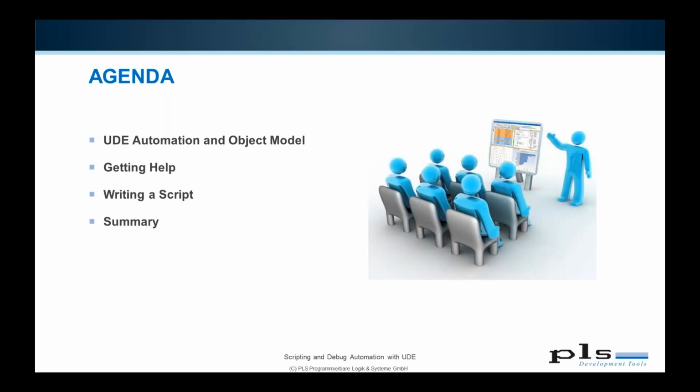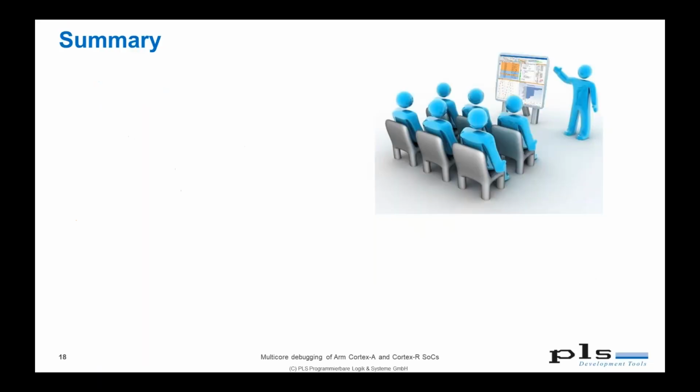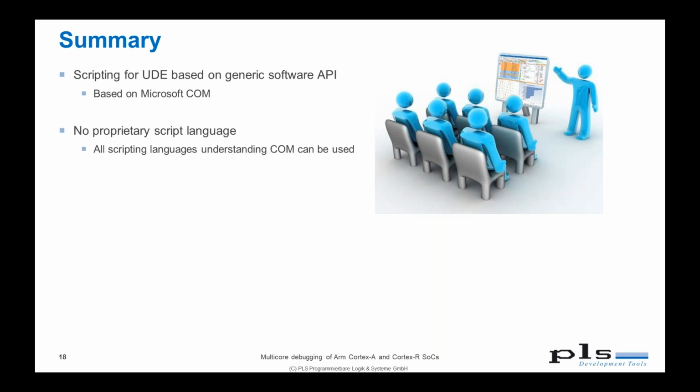So to summarize, the scripting capabilities are very generic. We provide with UDE a generic software API that is based on Microsoft COM. So no proprietary scripting language is needed here.